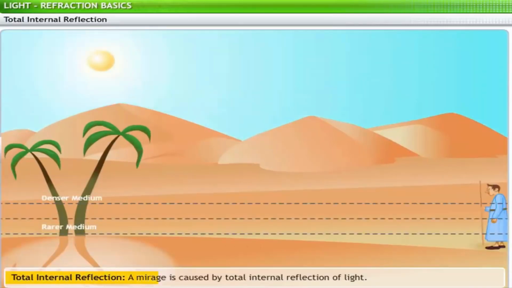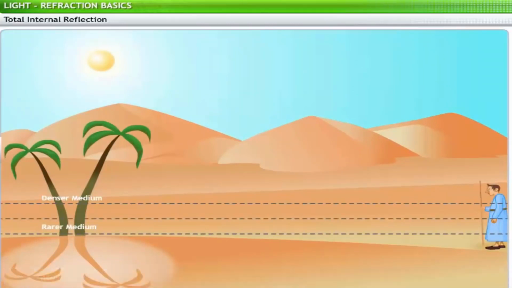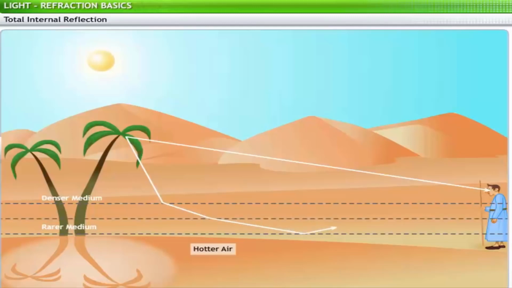A mirage is caused by the total internal reflection of light. When the sun is high in the sky, the sand gets hot before the layers of air above it. Light rays from trees travel from an optically denser air layer to a rarer layer, and hence bend away from the normal.